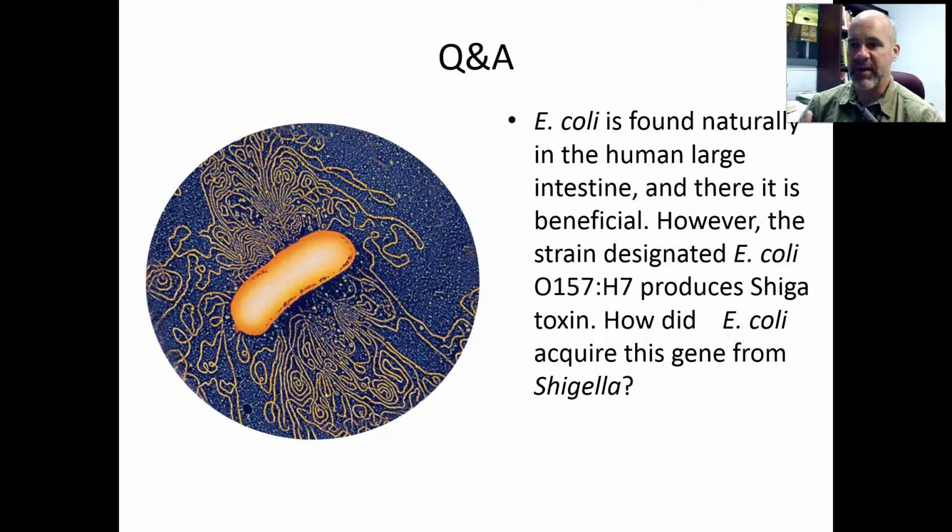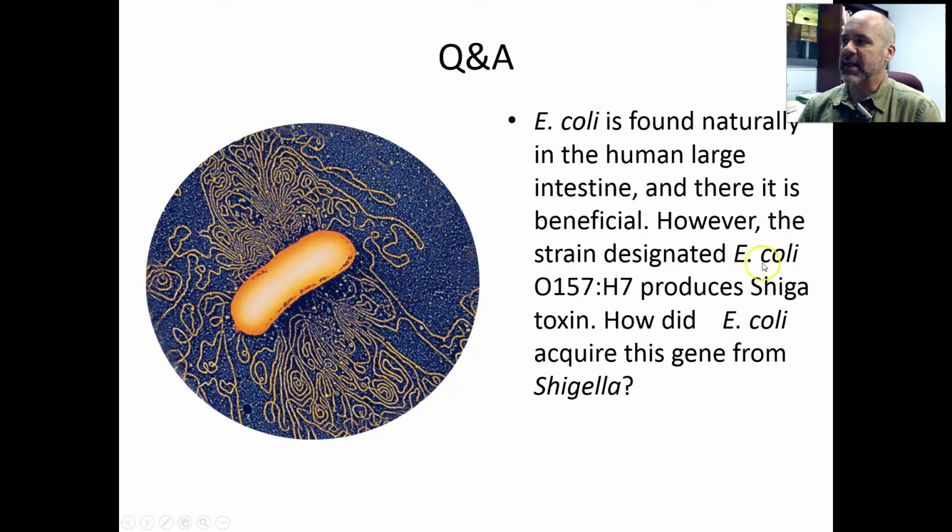It's living in your colon, it's blocking bad types of bacteria from being able to live there, makes vitamin K for us, helps you to digest some of your fiber. So a good organism to have around. But there are strains of E. coli that are genetically a little bit different, and they have traits that turn them from a good type of bacterial organism into a bad one.